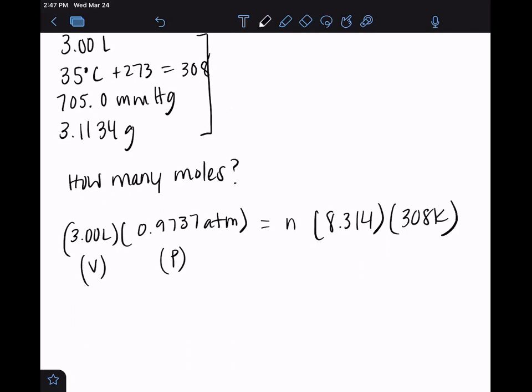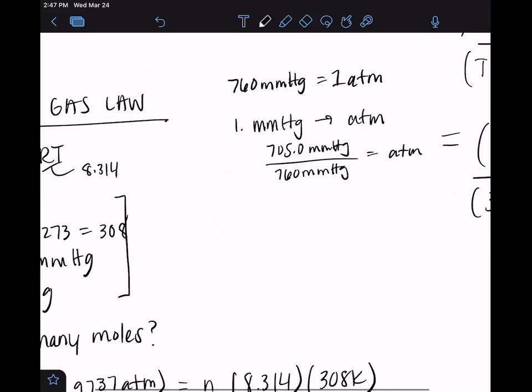Okay, so this is going to be the R, and this is going to be your T. So always, millimeters of mercury has to be in atmospheres. That's the first thing. And then the second thing is your Celsius needs to be in Kelvin. Okay, so you need to make sure that you have both of those units in here.